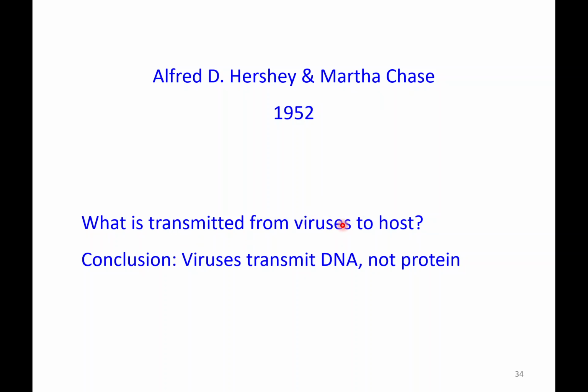They were trying to determine what is transmitted from a virus to a host, and the conclusion was that the viruses transmit DNA, not protein, and this was really the final proof that DNA was the genetic material.